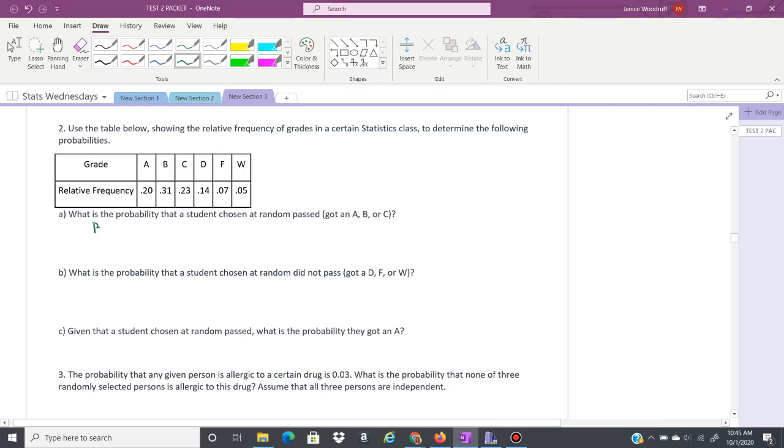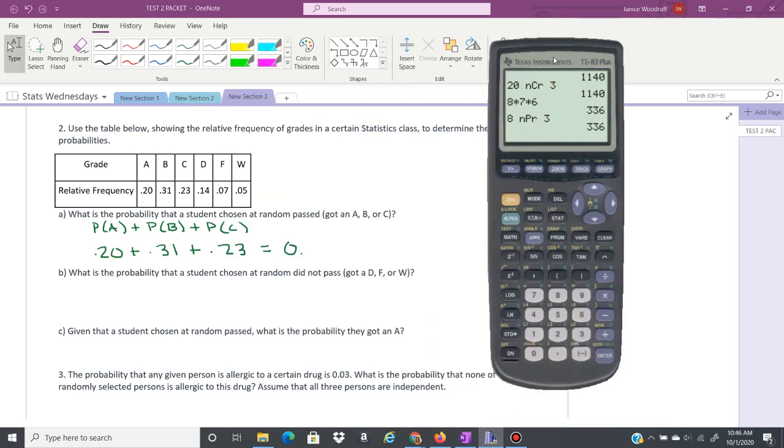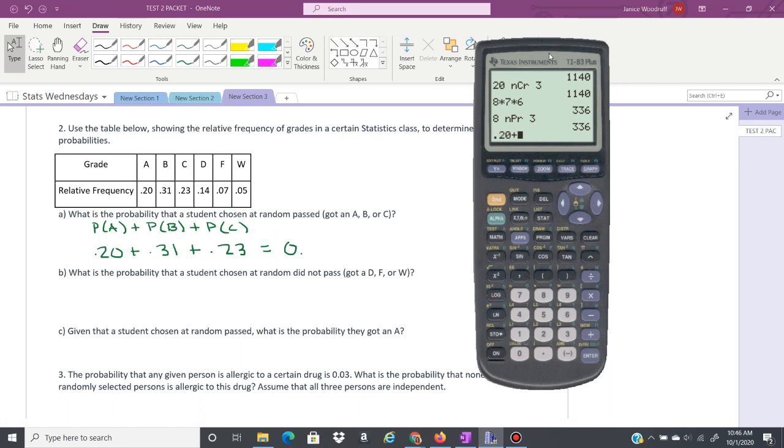So you want to add the probability of an A plus the probability of a B plus the probability of a C. So that would be 0.20 plus 0.31 plus 0.23. Okay, so that would be 0.74.